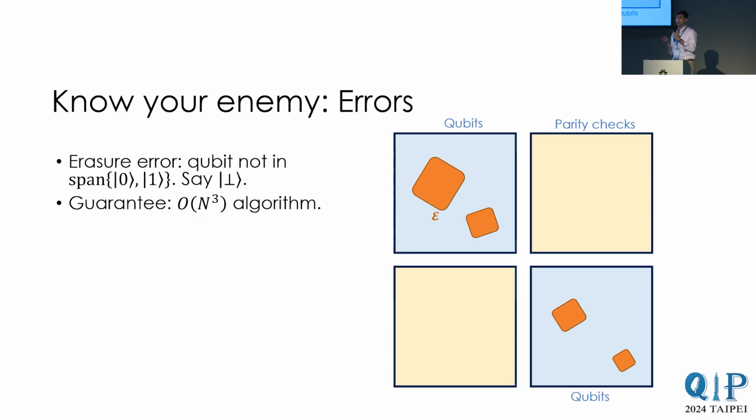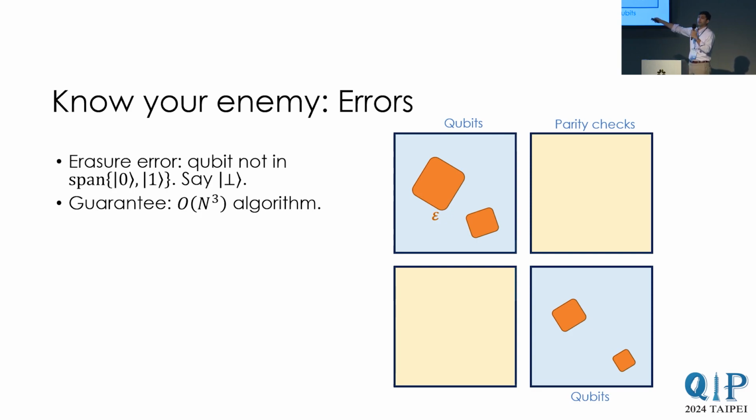What exactly are we trying to battle against? We're trying to correct against Pauli errors, but typically when we start by thinking about error models for quantum error correction, what are the two models that we consider? The simplest one is the erasure. And in the erasure model, the state is no longer in the span of the two-level system that we start with.